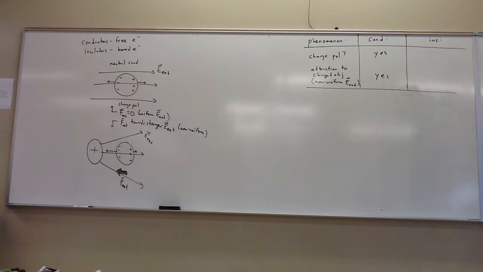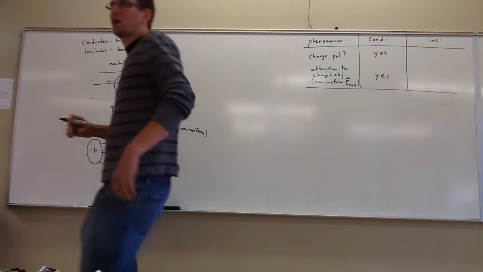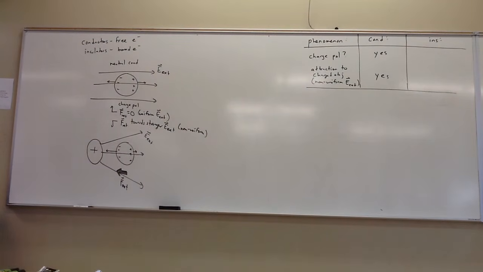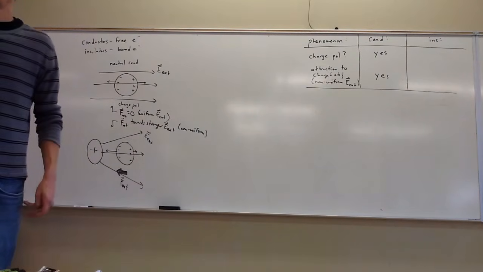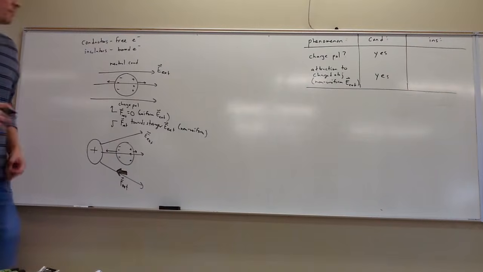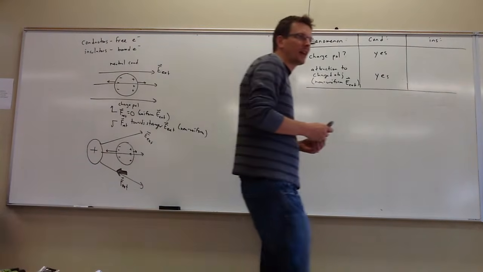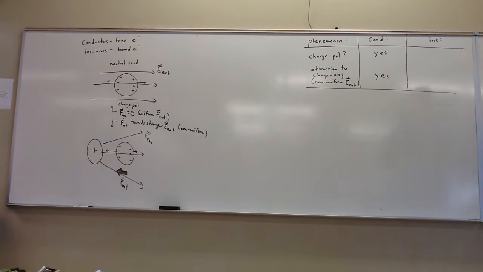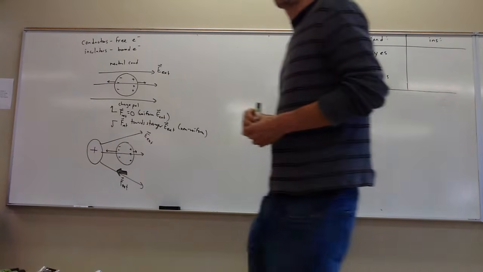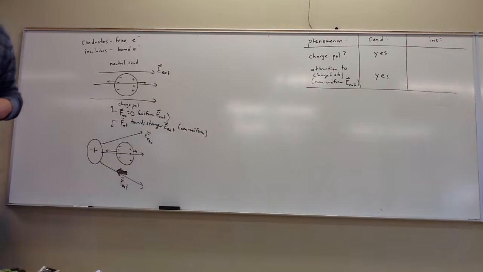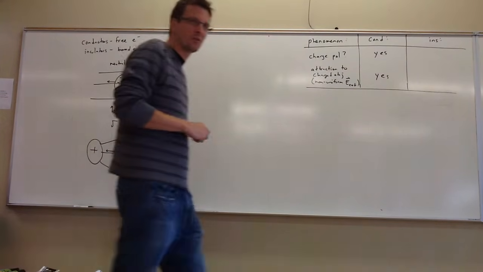So first, do you charge polarize at all? And then what kind of field are you charge polarizing in? If it happens to be non-uniform, which is far more normal than not, then the object will actually experience a net force. In the electrostatics lab, you saw that happen with the packing peanuts, right? You broke off little bits of that. Those little bits are neutral, and they were attracted to charged things. If you forget to put a dryer sheet in the dryer, you'll also notice this when you take out some clothes.